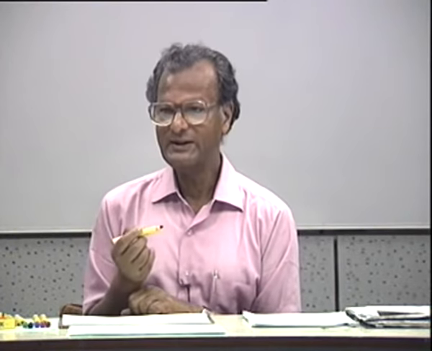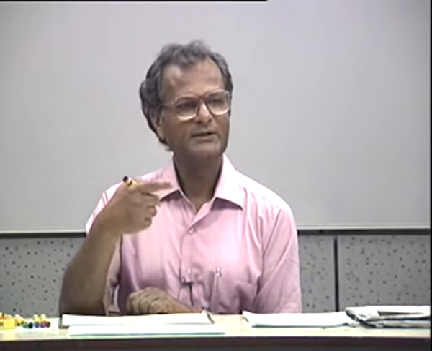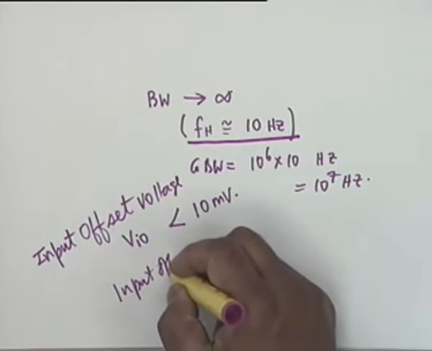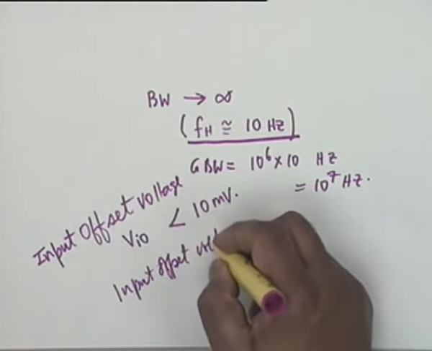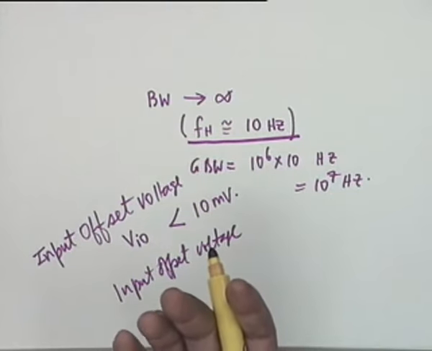Similarly, if the two bias currents IB1 and IB2 are slightly different, then there exists a differential input offset current. There can be an input offset voltage, and if it is a current amplifier or voltage amplifier, this will produce a signal at the output.